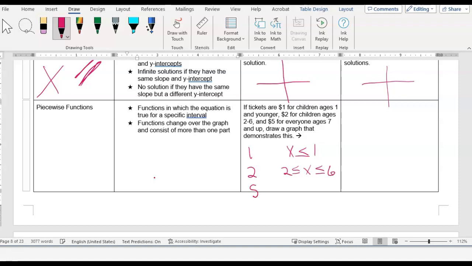And $5 for everyone ages 7 and up. Draw a graph that demonstrates this. So you go ahead and draw that graph. I'm not going to draw it for you. I want you to practice doing that for yourself, but you should have 3 chunks of lines based on those prices. So $1, $2, and $5.